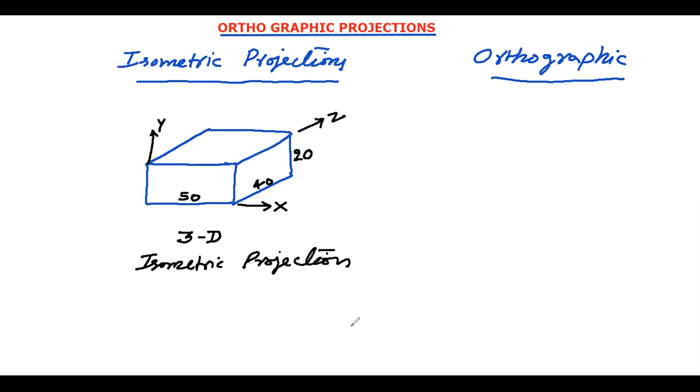Now see the other type. What is the problem with this isometric projection? The main problem is, suppose we have a very complex object like a building. I want to draw the isometric projection of a building. The building has a number of entities like windows, doors, pillars. If we represent all those entities and draw the building as a single picture, it becomes very difficult for the engineers to understand.